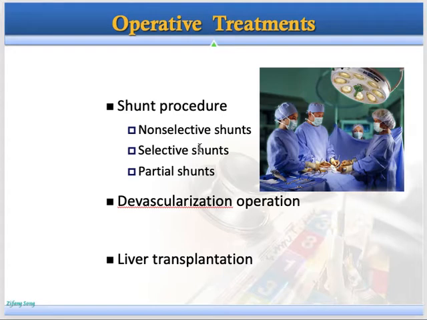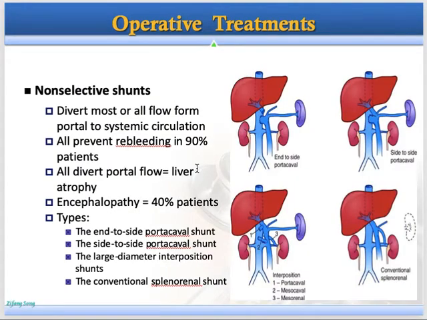Also, because of successful liver transplantation nowadays, these procedures are not done too much. But of course, we are studying surgery, so you must know what options are there. So see, non-selective shunts you can see over here.